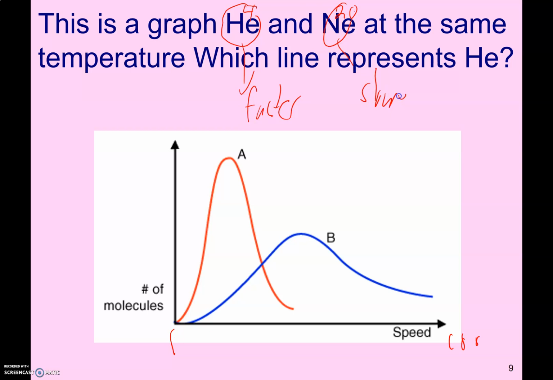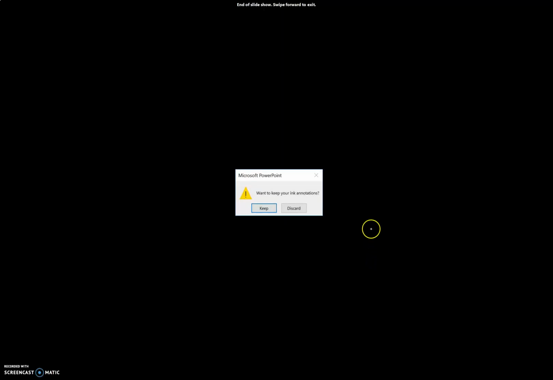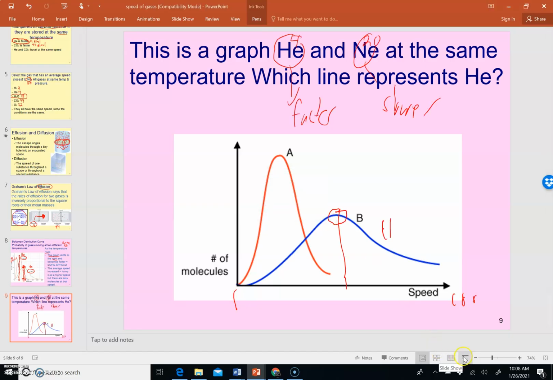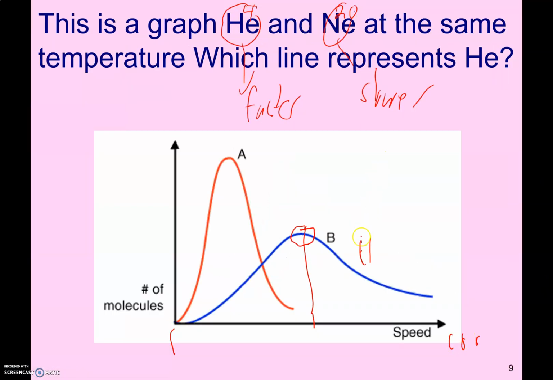And we just learned that when gases are moving faster, the peak shifts to the right, and the hump is at a higher speed, but the hump is lower. So this gas is helium. Oh, I always hate when that happens. This gas is helium because it's moving at a greater speed.